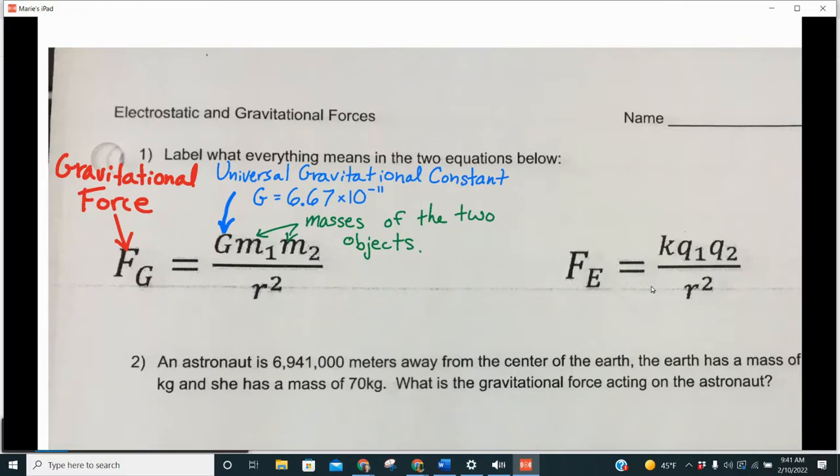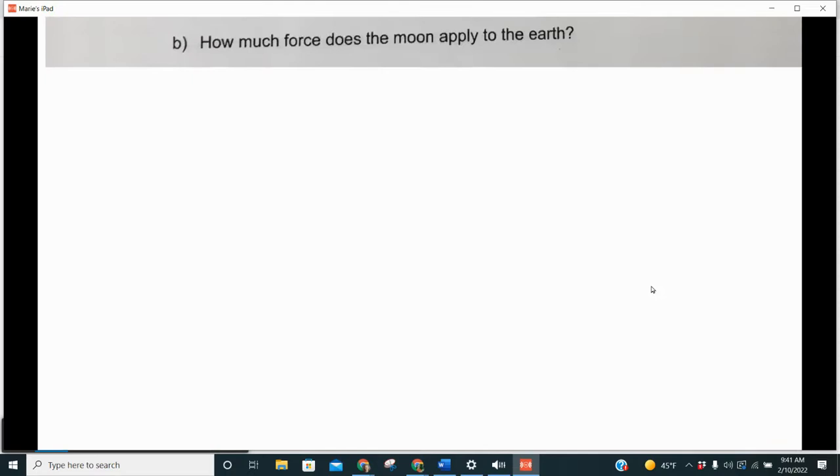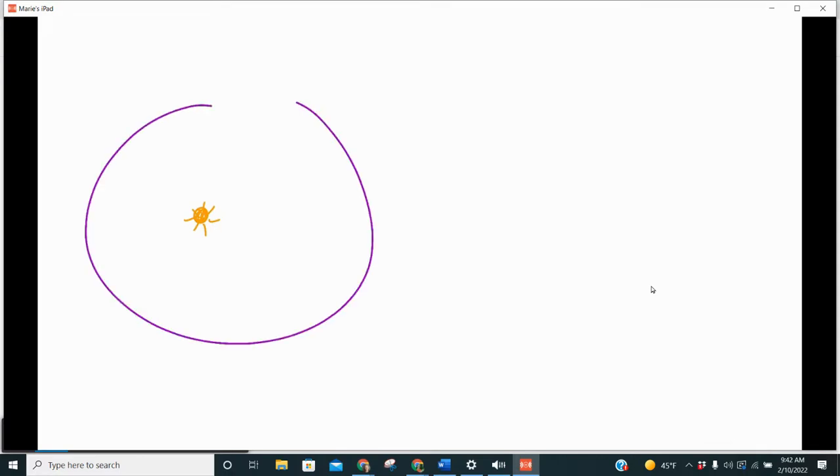All right, so before we get there, I want to show you a couple things. We're going to have a sun. Here's my sun. And I'm going to have a planet going around the sun. They go in a circle. Circle-ish. Kind of exactly a circle.